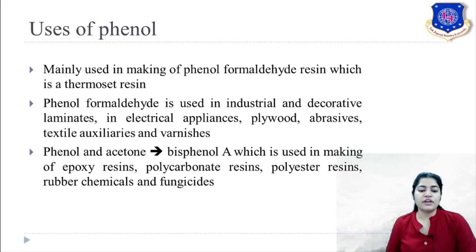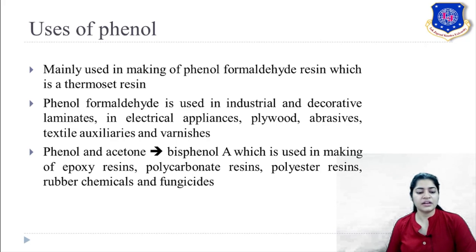Phenol formaldehyde is further used in industry and for making decorative laminates. It is also used in electrical appliances, as plywood, as abrasives, in the making of textile auxiliaries and in the making of varnishes.